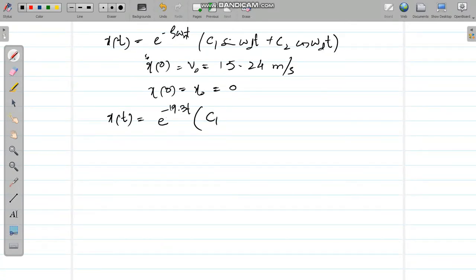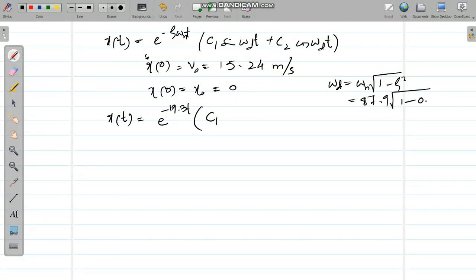And what is omega d? Omega d is nothing but omega n times the square root of 1 minus zeta squared. If you find omega n, it is 87.9.